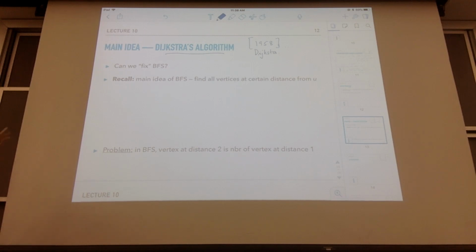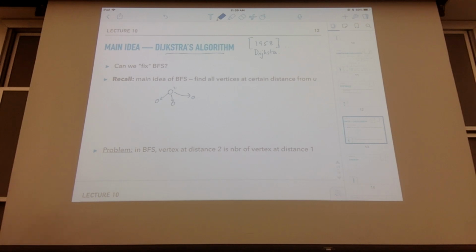I didn't mean to have all this stuff on this slide, but I have it. So what is the main idea behind Dijkstra's algorithm? You start by recalling the problem we had with breadth first search. Remember, if you had a weighted graph, breadth first search doesn't work because the shortest path is not the one that uses the least number of hops. Breadth first search always goes and explores vertices.